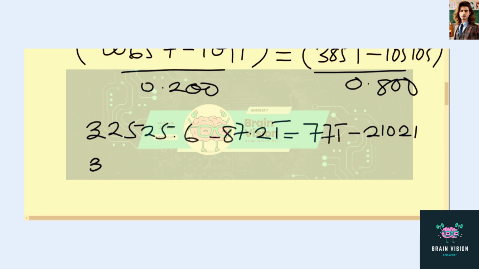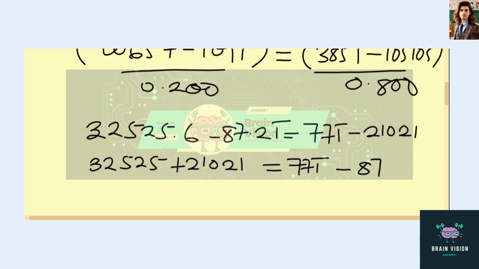So when we group the t on one side and the other numbers on the other side, they should give us 32525 plus 21021 is equal to 770 minus 87.2t.